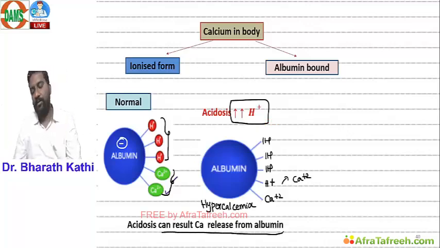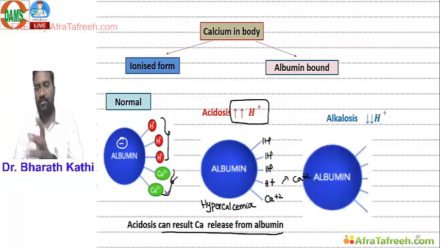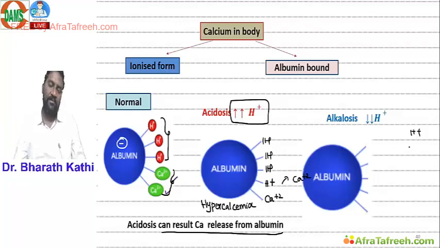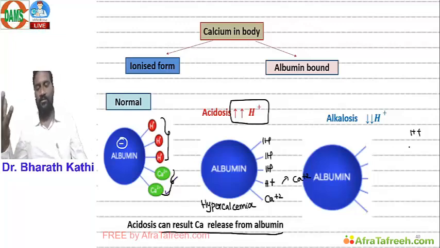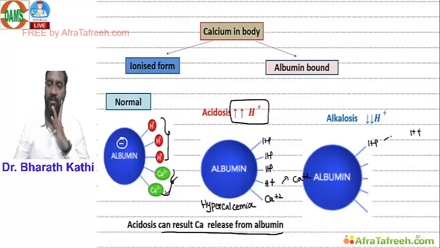Now what happens in alkalosis? Opposite. In alkalosis, the H plus in your body decreases because in your blood there is less H plus. If again there is alkalosis also, metabolism will not happen. Now what will this albumin do? It will start releasing H plus into circulation to fight against this condition.